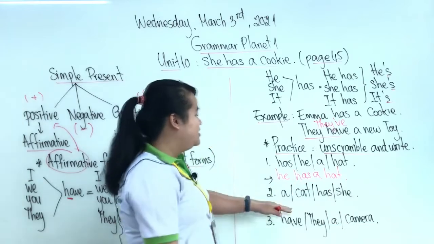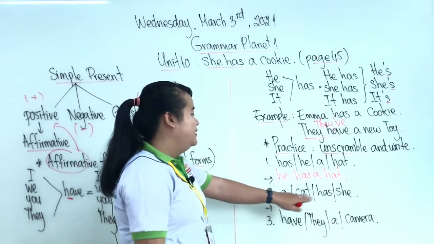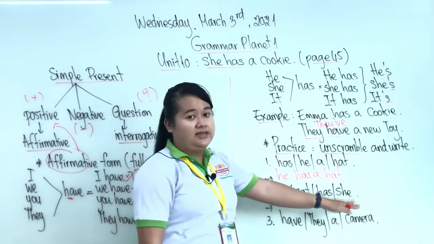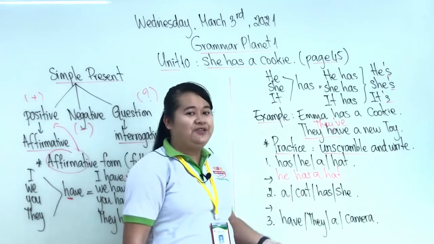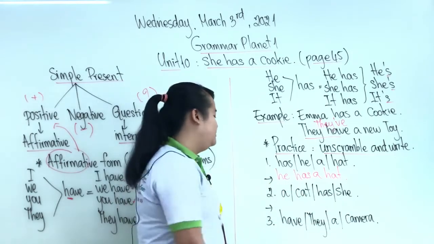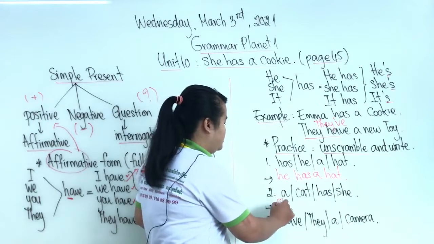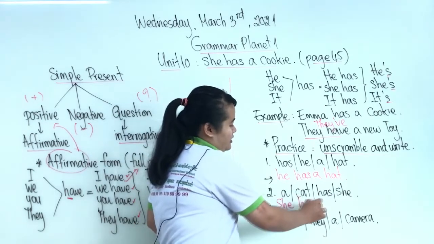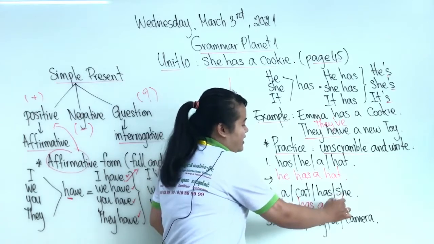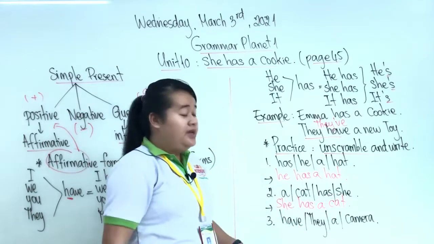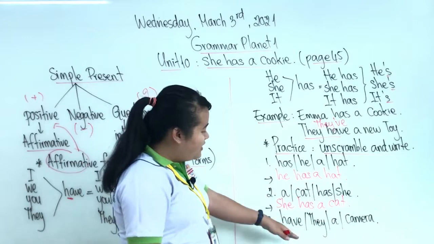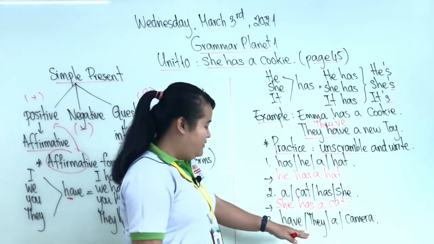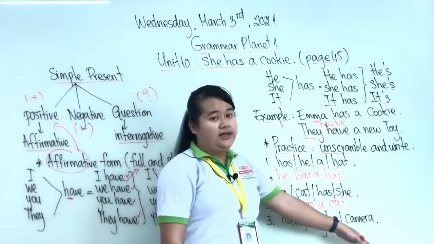Okay. Number two: a cat, has, and she. Which one do we need to put first? Good, we need to put the subject first, right? So she has a cat, and full stop. And next we have they, a camera.